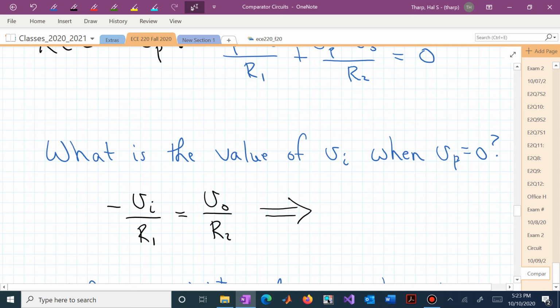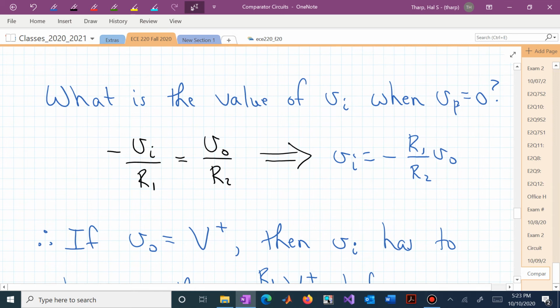If we now solve that for V sub I, we see that V sub I is actually minus R1 over R2 times V sub 0. That's now what V sub I is, but V sub O, we know, is either going to be V positive or V minus. It's either going to be at the positive supply rail or at the negative supply rail.